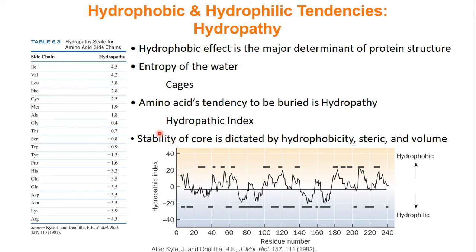And when you think about the core of a protein, it's not just hydrophobics that dictate what's going to be in the core or how the core is arranged. You also have to think of steric hindrance and the volume of these side chains, and that really dictates how they'll be in the core, and that'll dictate how a protein folds.